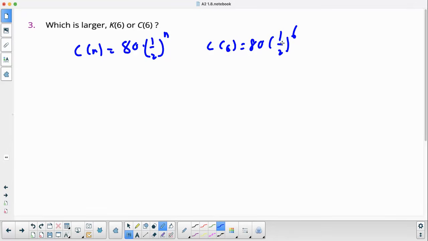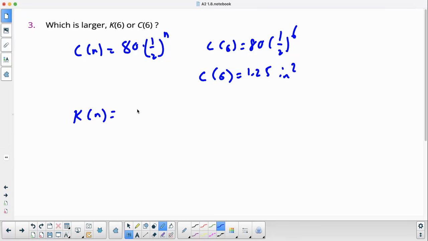I did that after 10 cuts, so I'm going to type that in my calculator. 80 times 1/2 to the 6th. So I get 1.25. And that's square inches remaining.